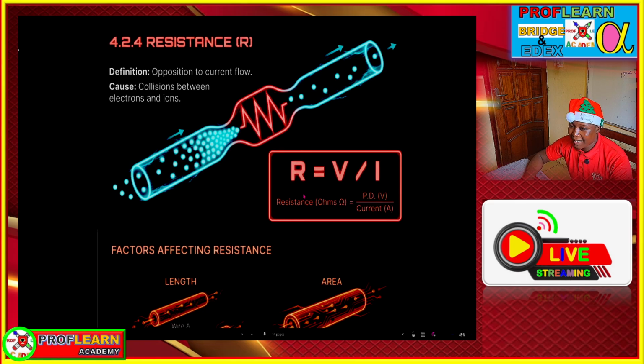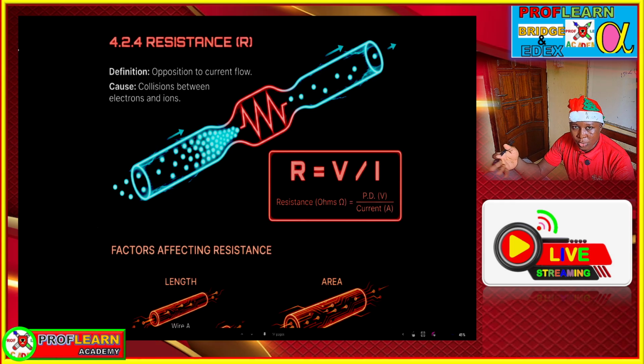Yeah, so the next bit that we're going to talk about here is the concept of electrical resistance. Electrical resistance is the opposition to the flow of current.